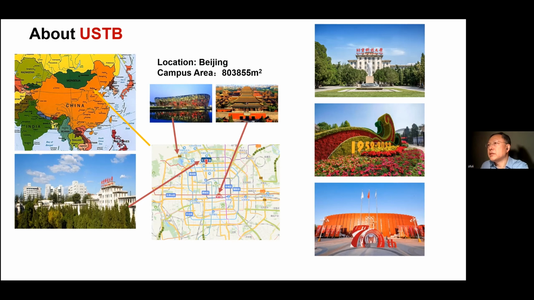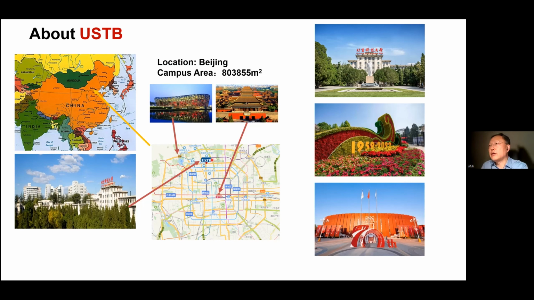So you can see the picture. And nearby is the Bird's Nest, the 2008 Olympic stadium. And our university is located here. It's actually very close to these different sightseeing places. Here is some pictures of our university campus.